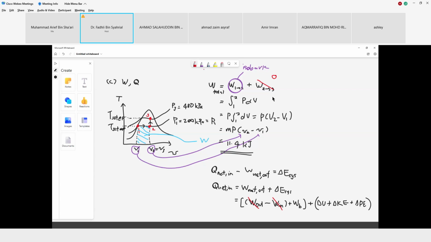How about WB? WB is boundary work. Boundary work means the work produced due to the movement of the piston. Piston is moving up and down, so the boundary is changing. The boundary is moving. So we keep WB.